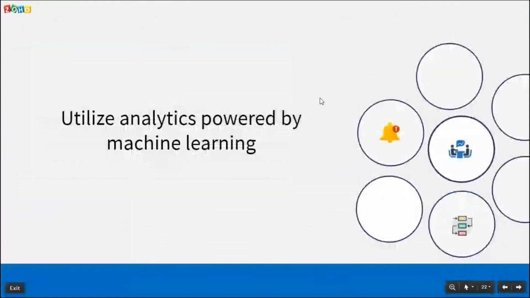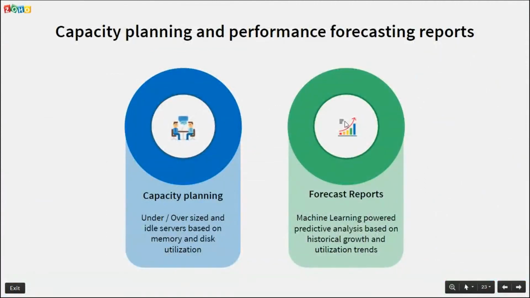So I'll move to the last and final part of today's webinar, which is to utilize analytics powered by machine learning. And there are 2 main areas that we have to absolutely prioritize, which are capacity planning and forecast reports. Both of these go hand in hand, and each complements the other with the kind of insights they collect.